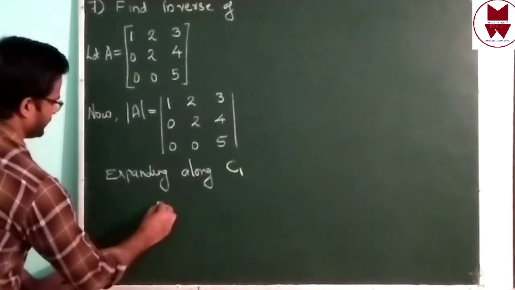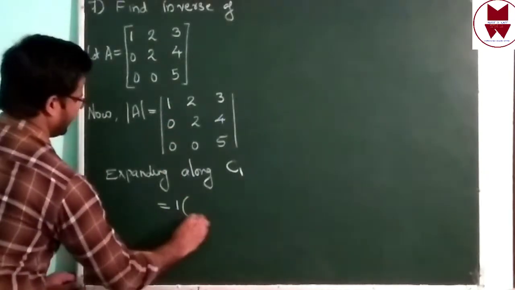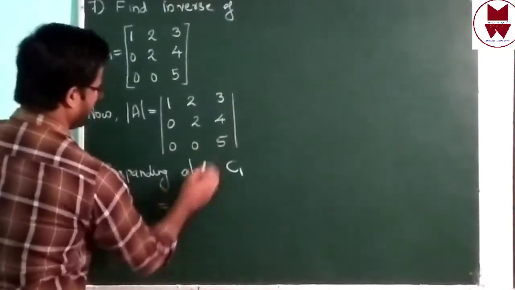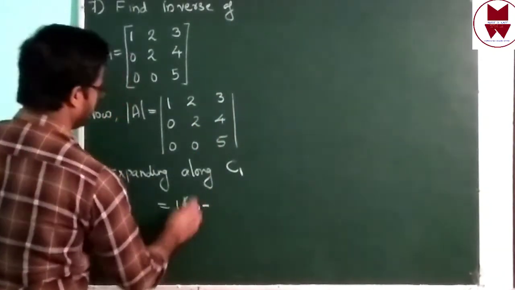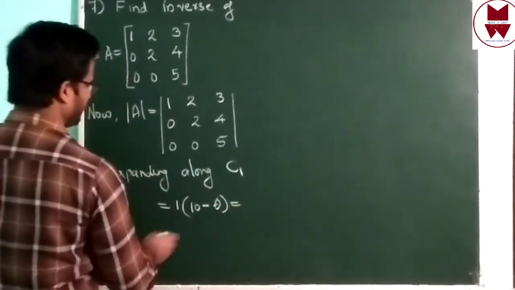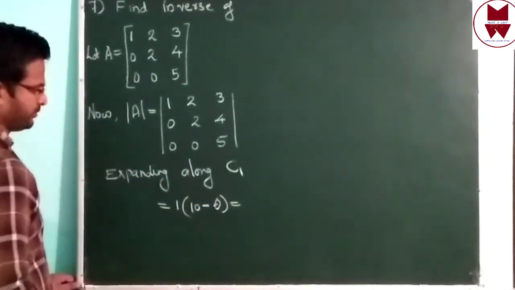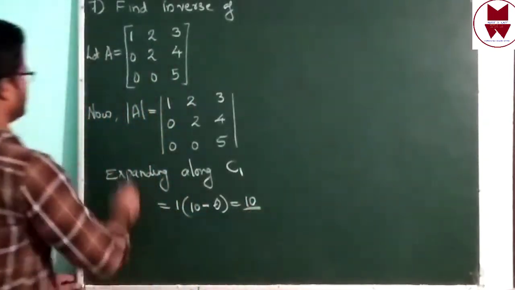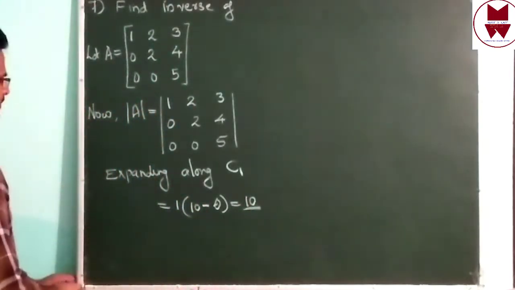That time 1 into, delete first column and first row, then 2 into 5 is 10 minus 0 into 4 is 0, equal to 10. I will get determinant of this matrix, we got 10.